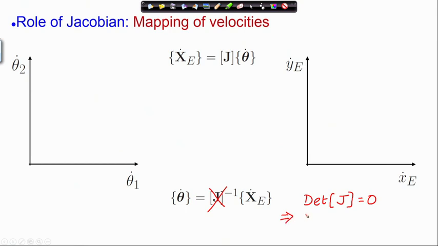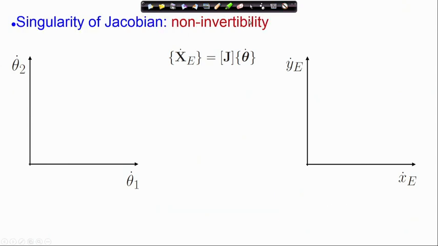So, this implies singularity of the Jacobian, and we also say that it is the singularity of the configuration of the manipulator. So, we do not have the inverse relation. So, what do we observe?